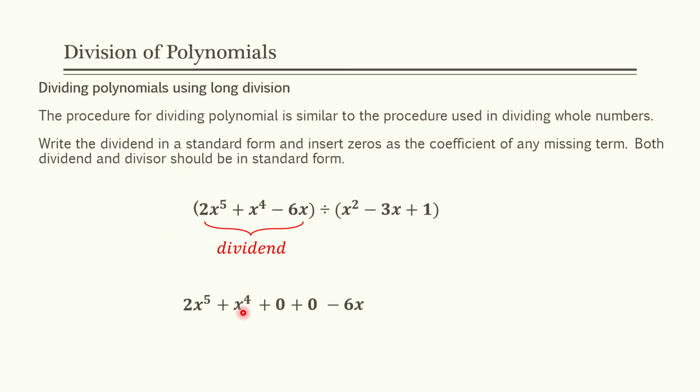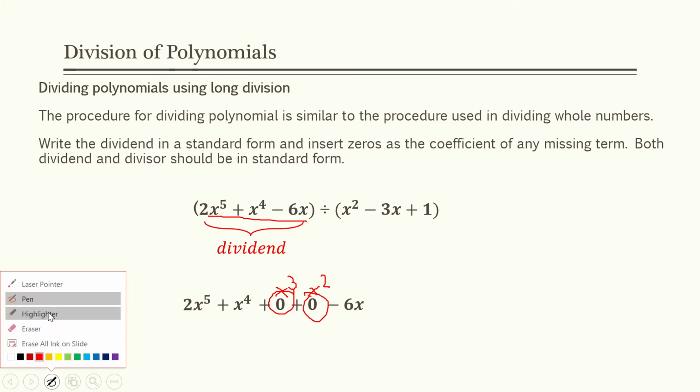Yung may variable at coefficient. Okay? So, dapat kasi, next term, dapat yung x na may cube. And next term is x na may squared. But since hindi natin yan makita dito, so we have to put 0. Okay? Kaya may dalawang 0. Okay? So, we'll just erase that one.